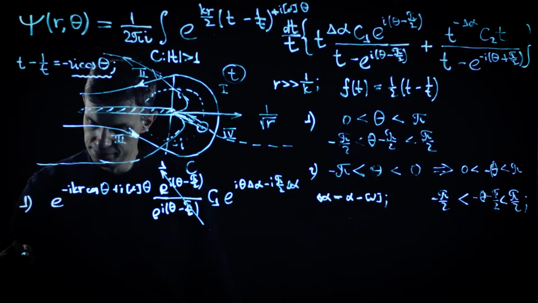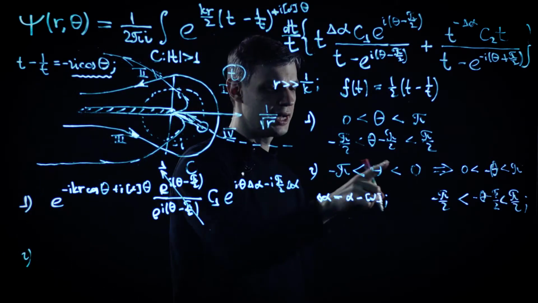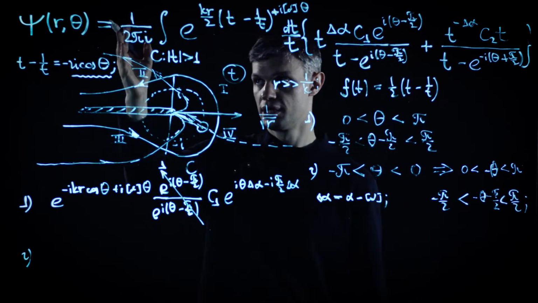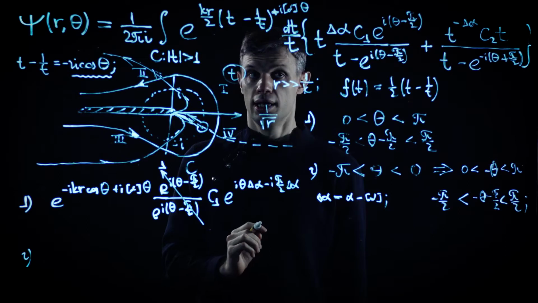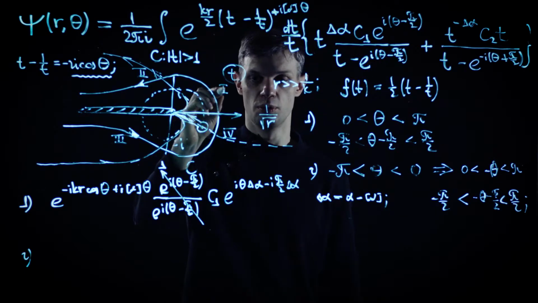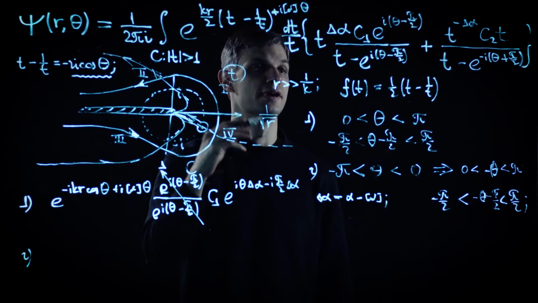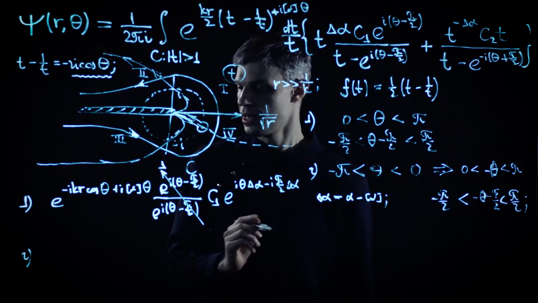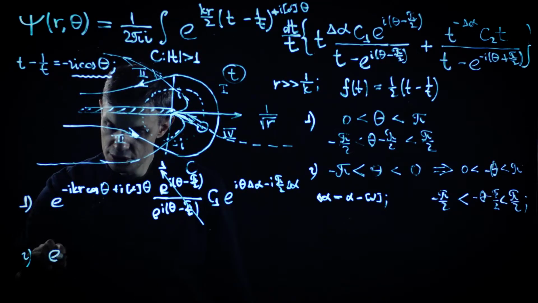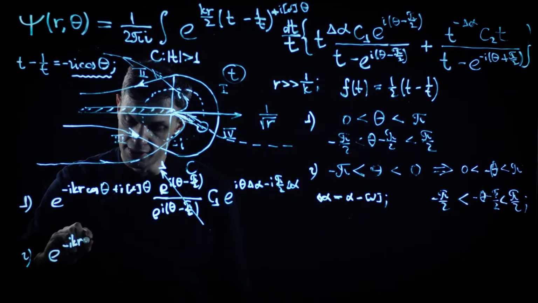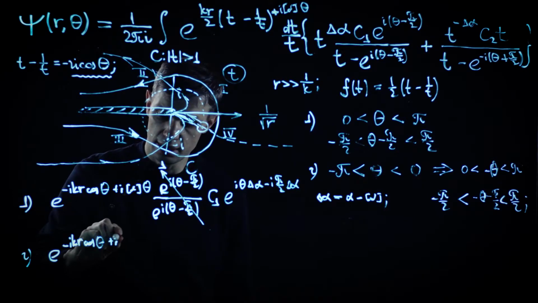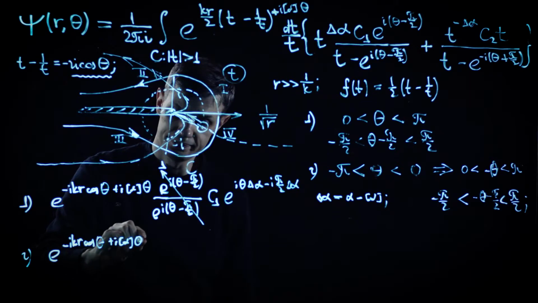The second region, from minus pi to 0. And then we expect that this pole contributes to our integral, because you can check yourself that this pole will lie outside this first and fourth quadrant of the complex plane. Right, so again, the principal exponent will be the same, e to minus ikr cosine theta plus I integer part of alpha theta.